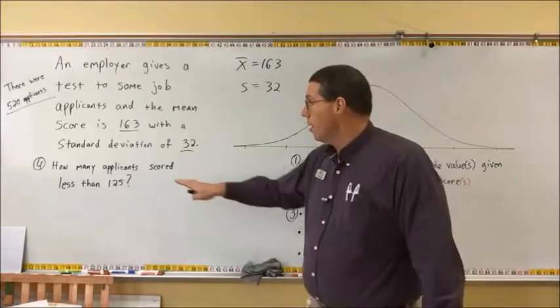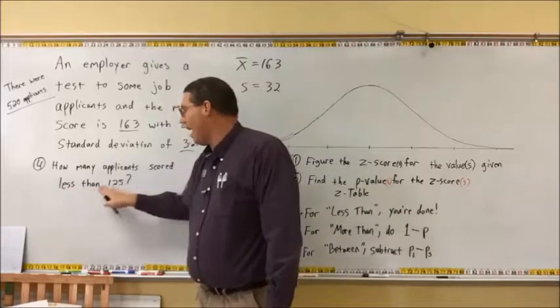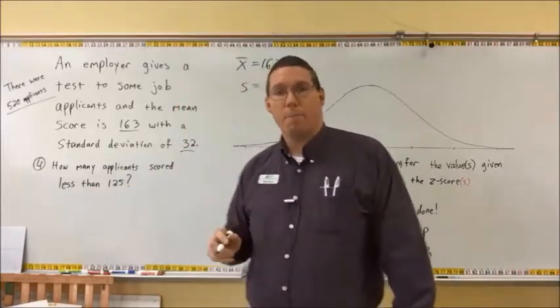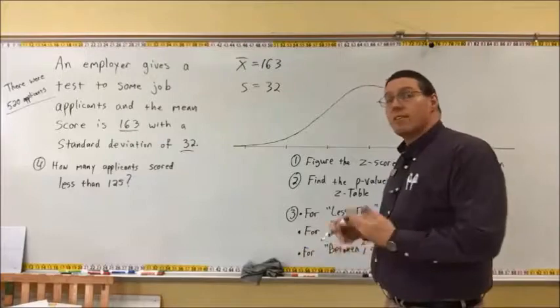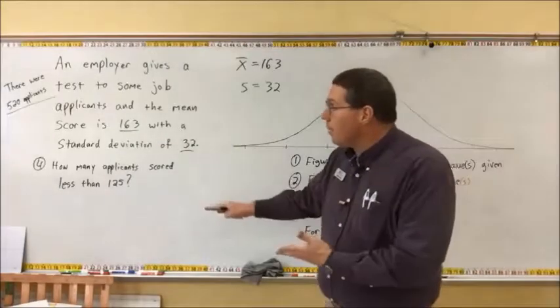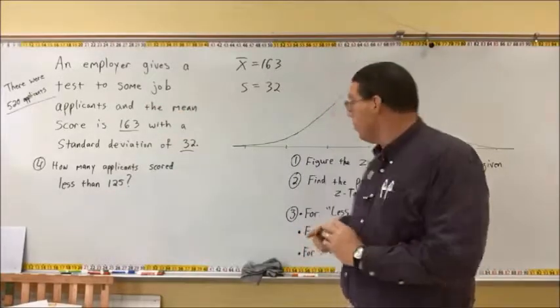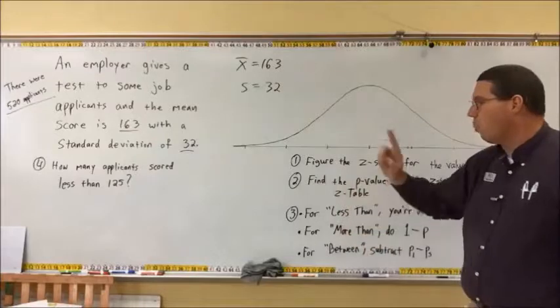So let's do this. Question 4 says, how many of the applicants scored less than 125? So the procedure is the same for finding a proportion, because we need a proportion to be able to multiply by the number of applicants. So we're going to do the exact same procedure here, but we're going to add one more step.